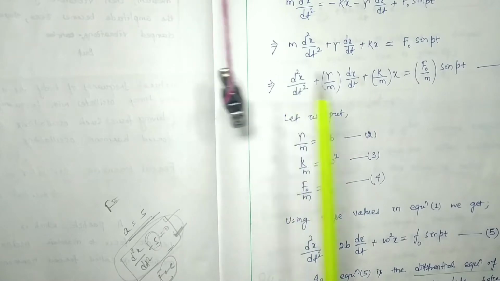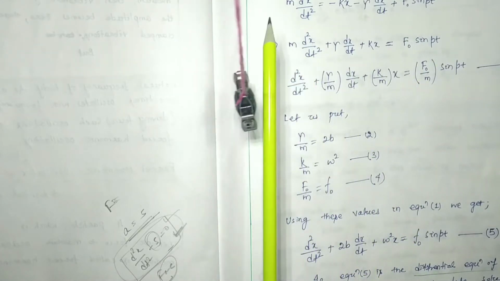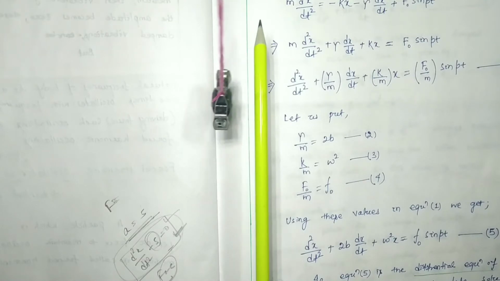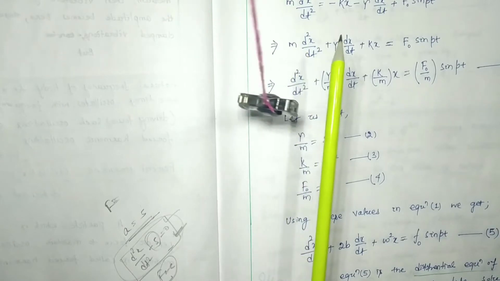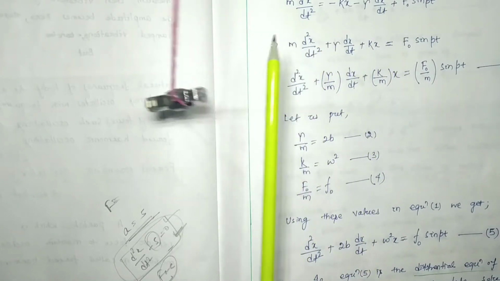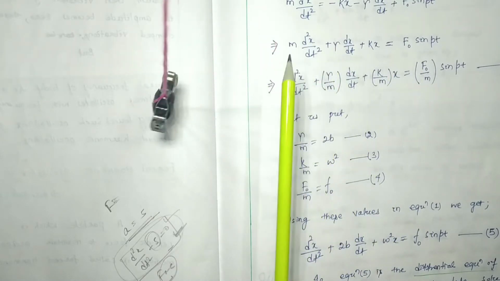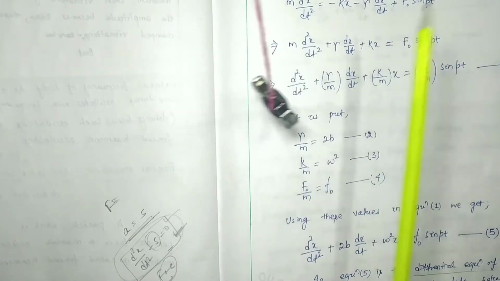After oscillating for some time it is going to stop like this. So if we give an external force from the outside, then this oscillation is not going to stop. Due to this applied force, this oscillation is going to continue forever.